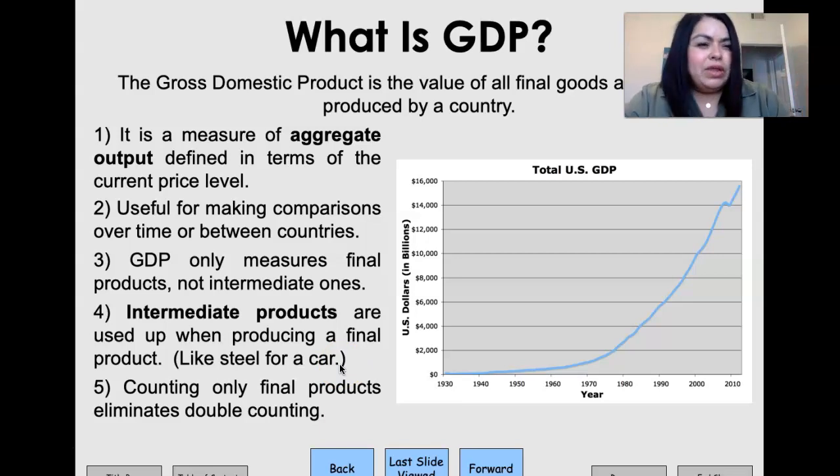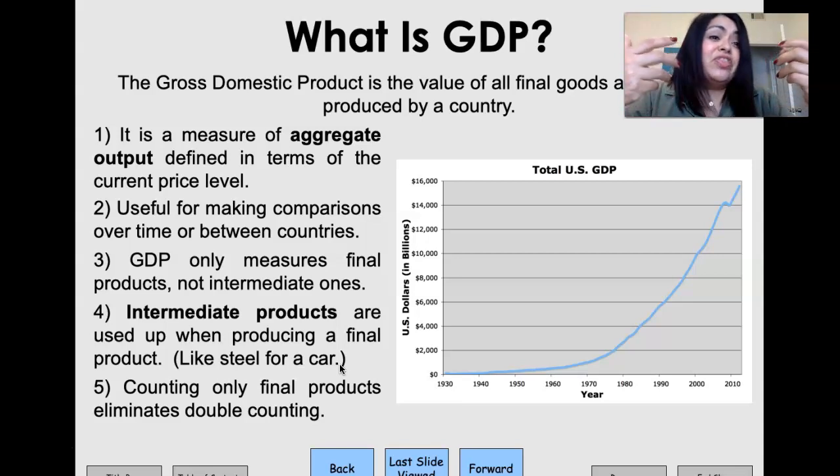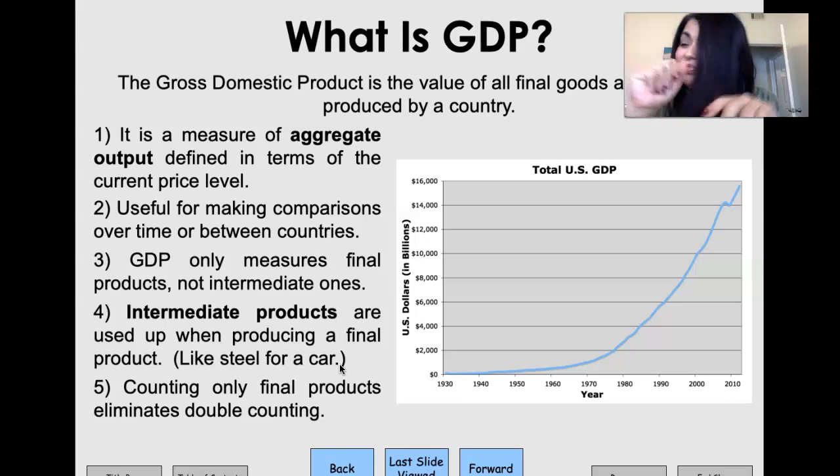You can't count the glass used to make windows into GDP. You can't count the steel used to make the car, or the plastic, or the rubber for the tires, or the metal used in those things that guys love putting on their cars, the rims. Yes, the rims.